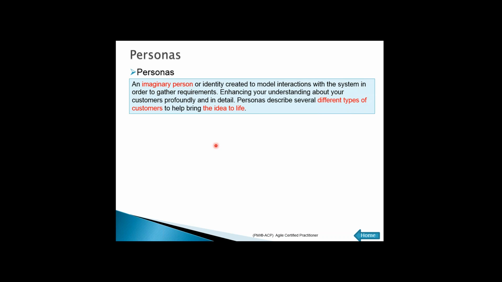For example, if I'm coming up with an ICICI Bank portal, or if I want to launch a new ICICI branch here in my location, and I were to gather the requirements for launching the new branch, this is what I'll be looking at. I'll first identify the kind of people who might visit my branch.